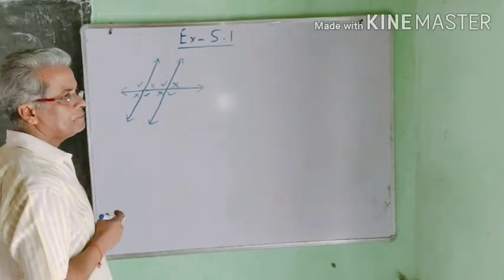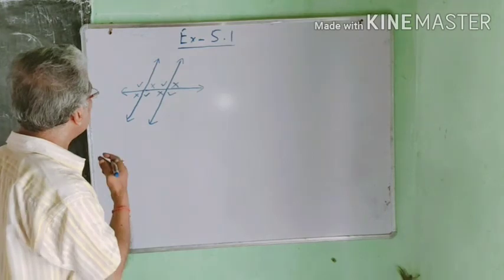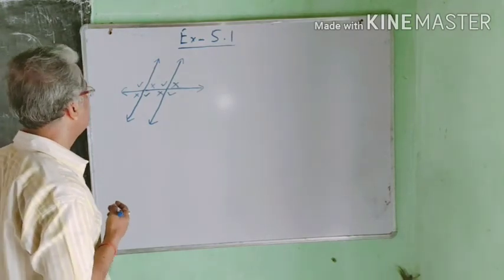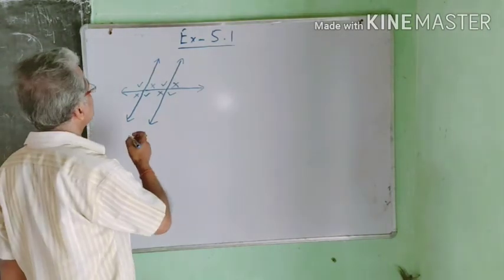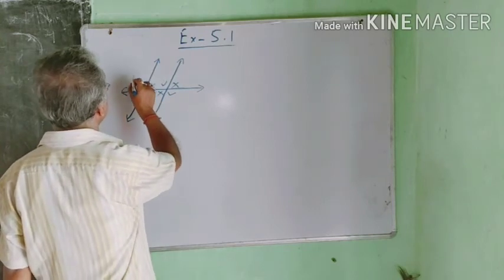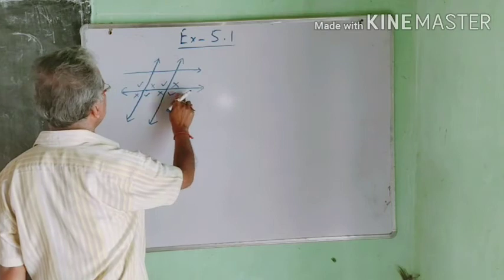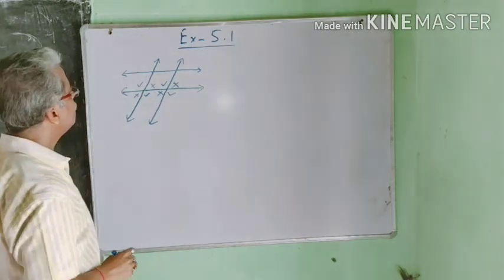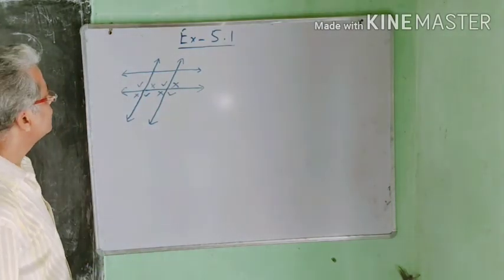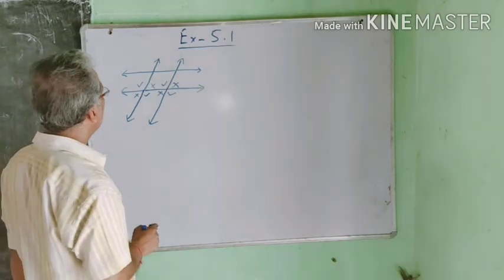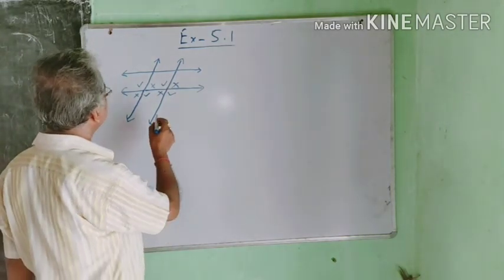Then we get alternate angles also. Alternate angles: if we draw another line here parallel to this one, then we get alternate angles.